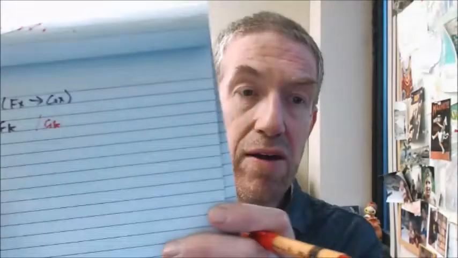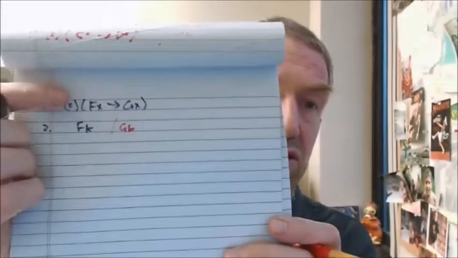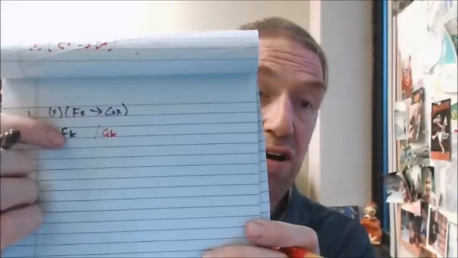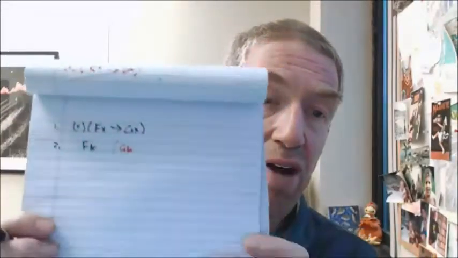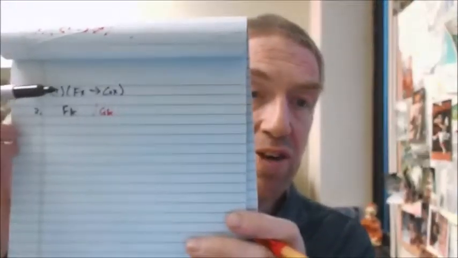Kermit is a frog, therefore Kermit is green. Which looks like this. Okay, all frogs are green. That's an A type, so universal quantifier, conditional. Kermit is a frog. Conclusion: Kermit is green. Now, as we were saying last time, we can't just do modus ponens here because that quantifier is the main connective.